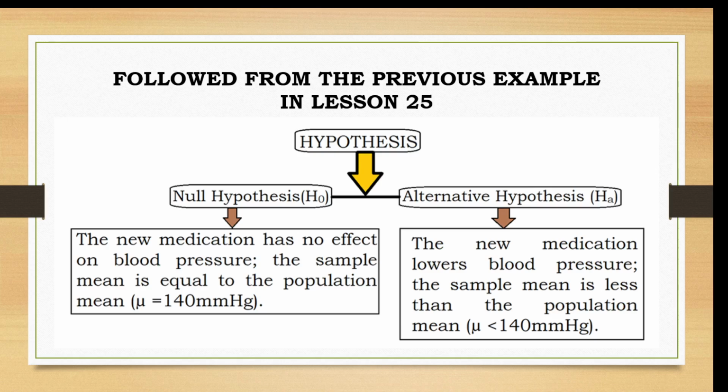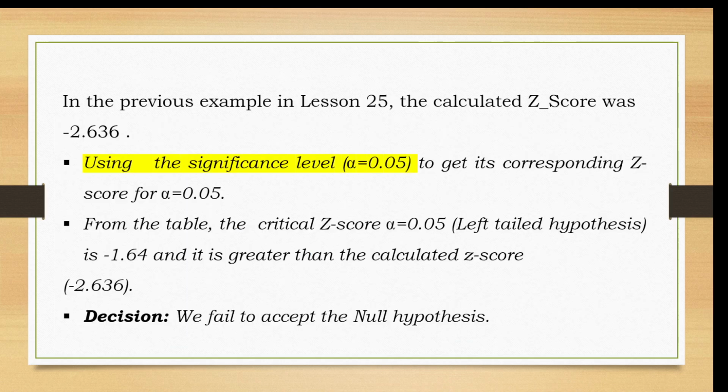Please note that this is a left tail hypothesis because the sample mean here is lower than the population mean. In the previous example, in lesson 25, the calculated Z-score was minus 2.636.